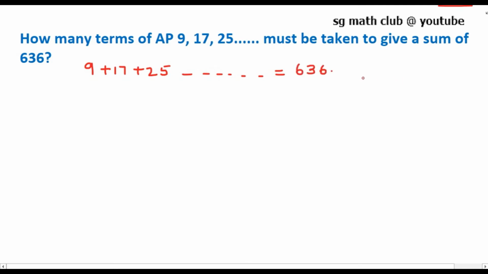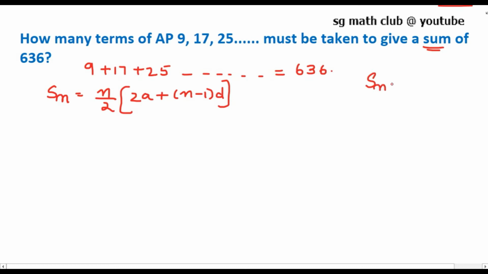For that, we use the same formula, Sn = n/2 × (2a + (n − 1)d). When you see the word sum, you have to use this formula. Otherwise, you can use the nth term formula, an = a + (n − 1)d. So this Sn we take as 636.